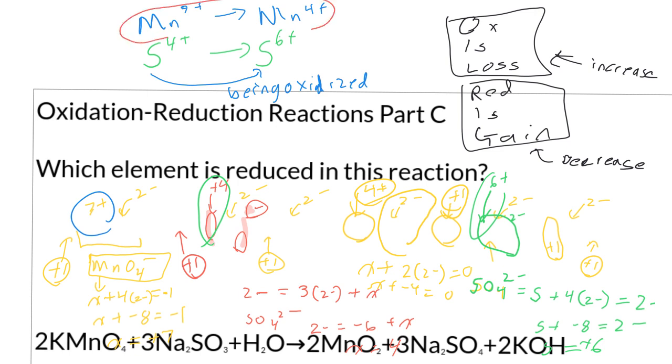Then, since we're going from +7 to +4, it's decreasing, and decreasing means that you're undergoing reduction. This was the simple explanation. If you understood that, you're fine.